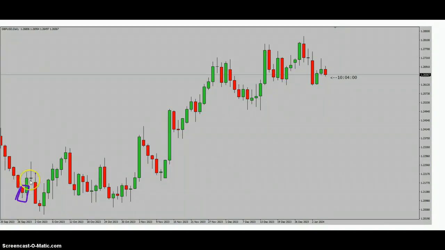After the close of this candle with its body above the high of the previous bearish candle, we can say that the micro trend is up. When it closes, that is when the change begins. From here we can confidently say that the micro trend is up. It is when this candle closes above the high of the last bearish candle with its body that the micro trend is said to be up.